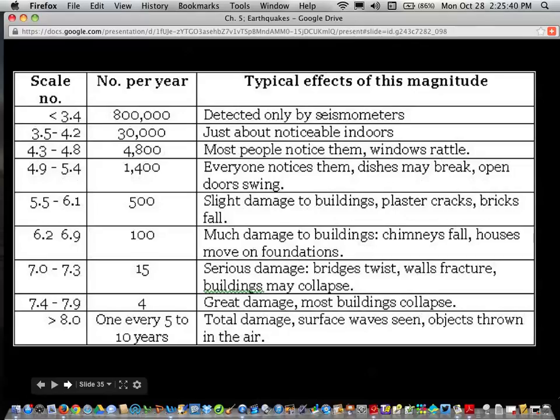Just noticeable indoors, about 30,000 a year, 3.5 to 4.2. So this is kind of interesting. Look down there at 8 and above, 1 every 5 to 10 years. Now that's pretty significant when you think about it. So every 10 years we have an earthquake of 8 or greater. That's quite a bit when you think about it.